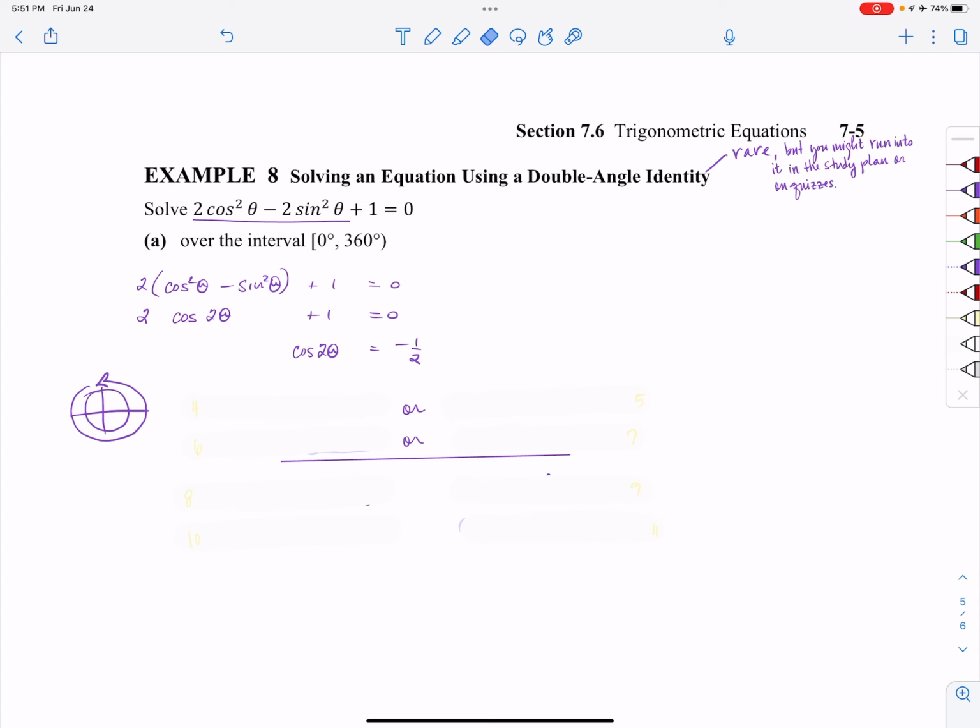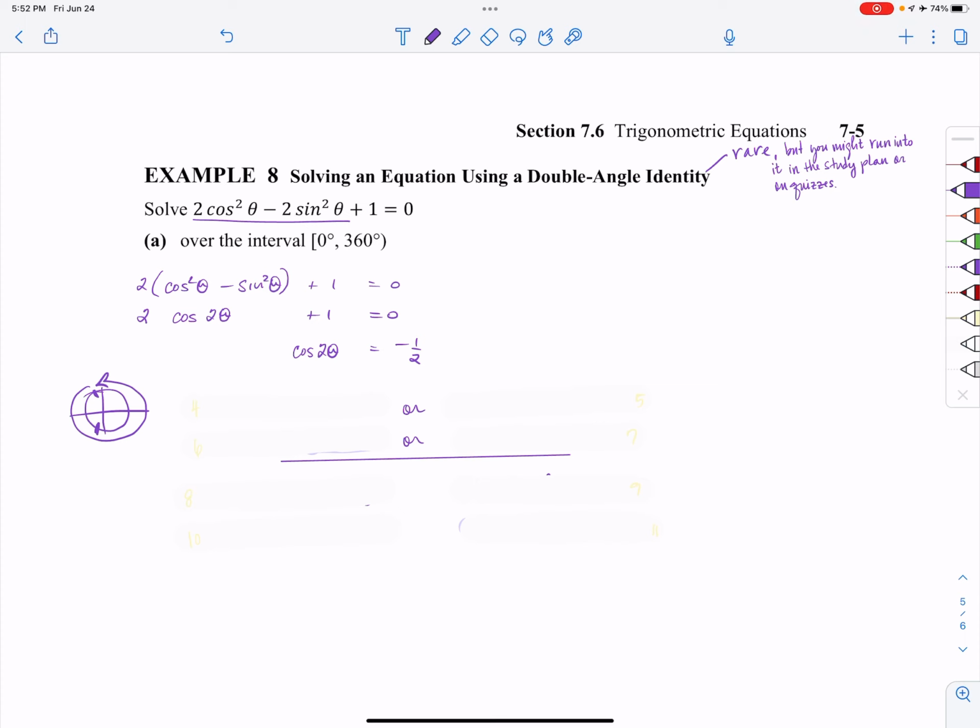So we have cosine double angle is equal to a -1/2. And now here's the thing. Where does cosine of some angle equal a -1/2? Well, cosine is equal to a -1/2, let's say I'm working in degrees, at 120 degrees and at, sorry about that, 240 degrees.